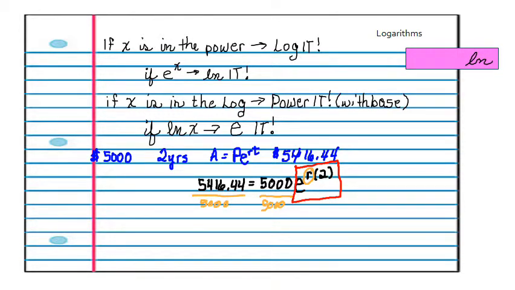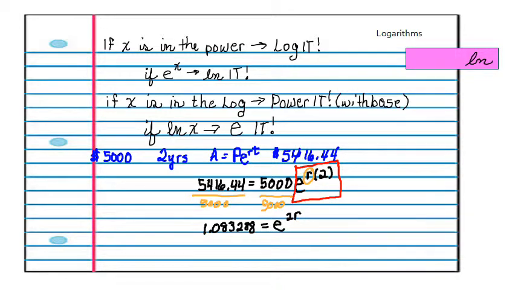That results in 1.083288, nice long number that they came up with, equals the e to the 2r.